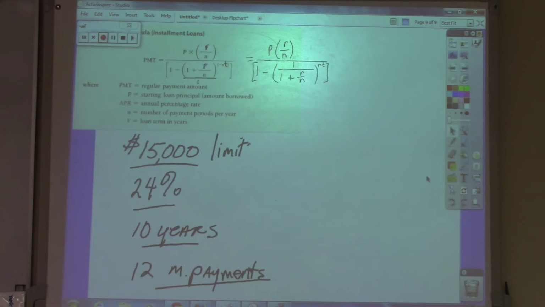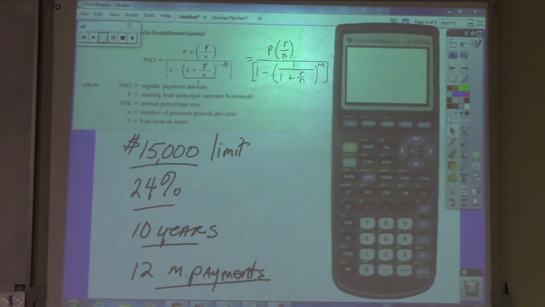People actually think that. All right, so we take our handy dandy calculator and we do 0.24 divided by 12, equals, plus 1, equals, 1 divided by, inverse answer, is that raised to the 10 times 12, which is 120, and 1 minus inverse answer is equal to that.